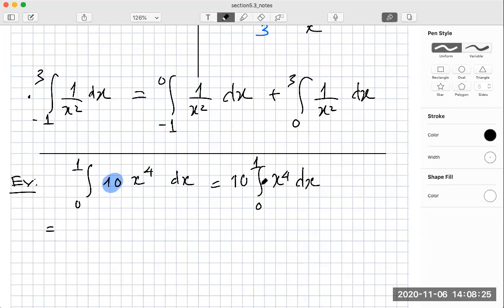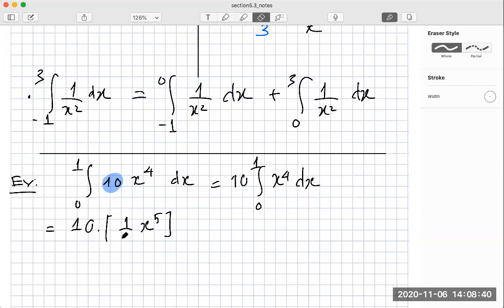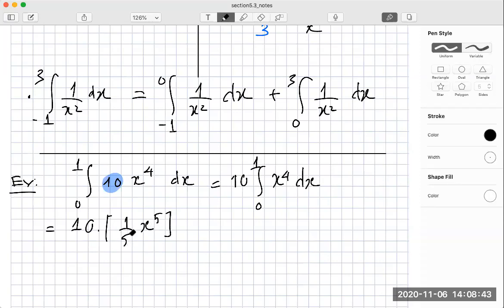And what is the antiderivative of x to the 4th? Very good. And we evaluate the value from 0 to 1. Right? You can, yeah, it will be 10. You can do it this way. 1 over 5. And what is it next?